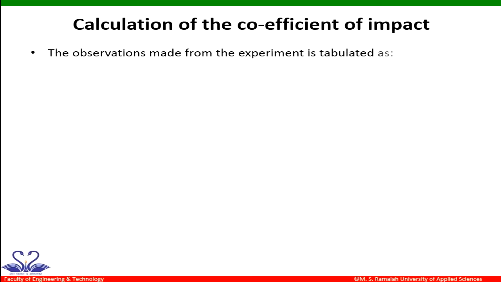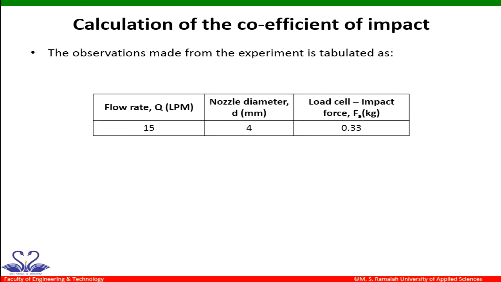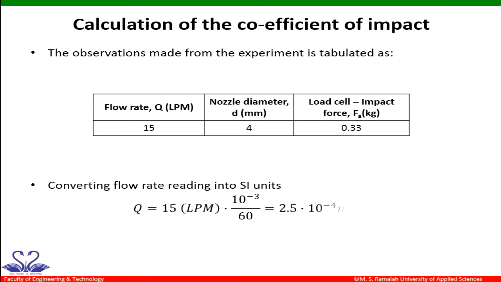The observations made from the experiment are tabulated: for a flow rate of 15 lpm, the nozzle diameter being 4 mm, the load cell returned a value of 0.33 kg. Converting the flow rate into SI units, we get 2.5 × 10^-4 meter cube per second.